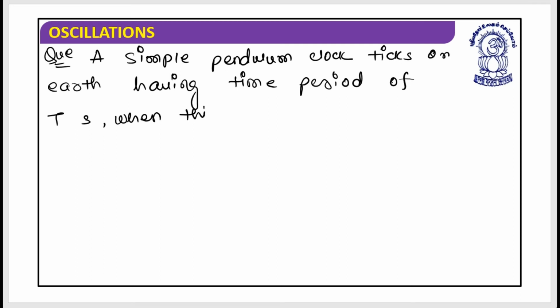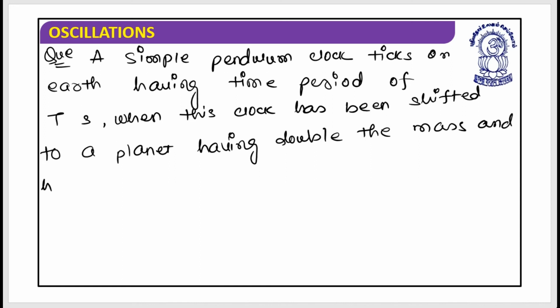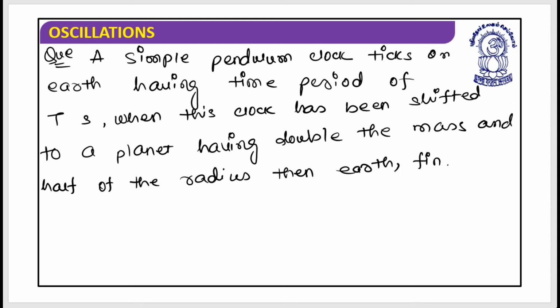When this clock has been shifted to a planet, having double the mass and half of the radius than Earth, find the time period of the clock on that planet.